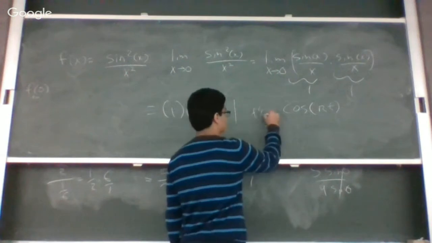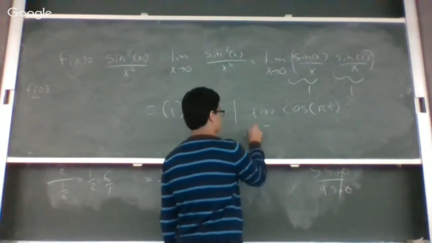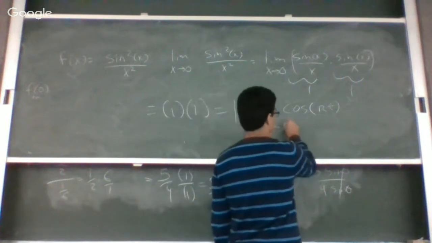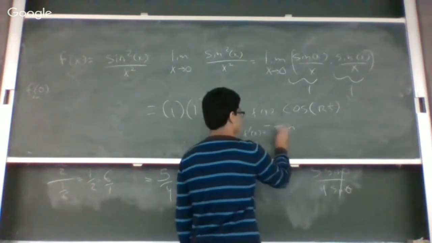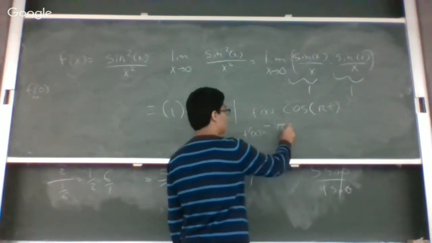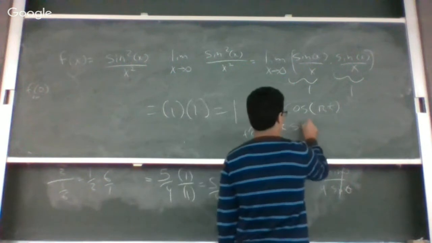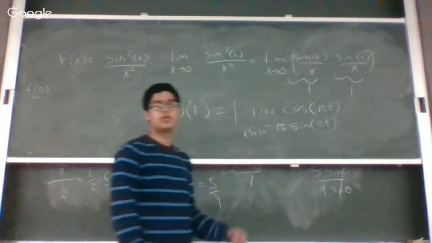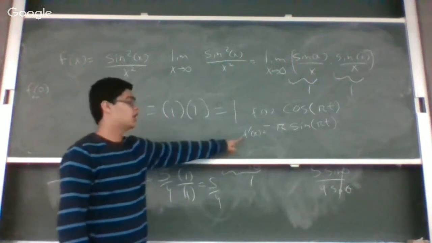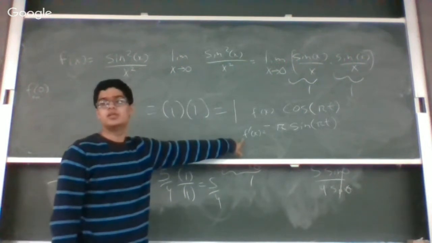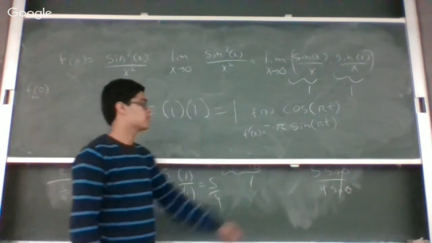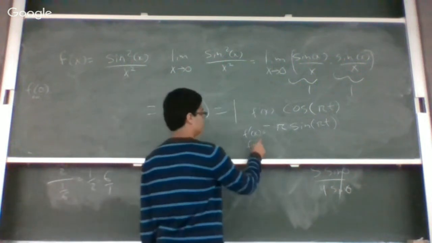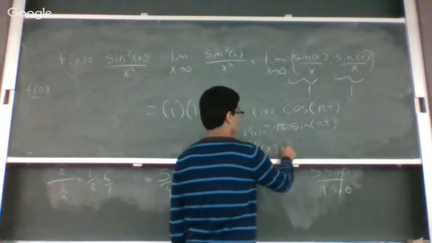Negative pi times sine of pi t, right? That's f prime. And it's pi because it's the derivative of the inside. Now, if you were to do the second derivative, what would we get?